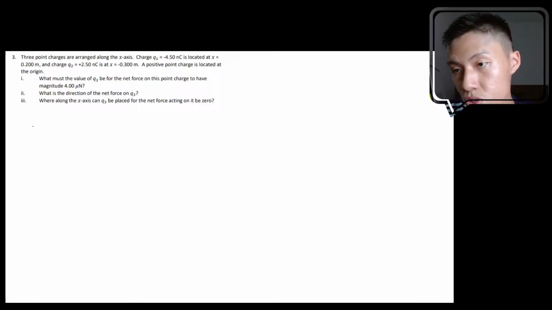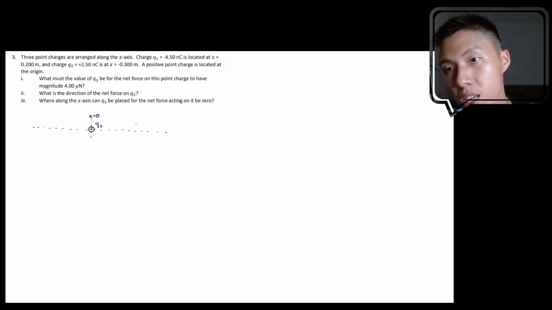Okay, so let's try to draw an x-axis in dotted line, just to not confuse us with the forces and the field. So I'll label here as x equals 0. So over here, I believe the charge is a positive charge, which we call Q3. Okay, somewhere over here, you have your Q1, which is a negative charge.